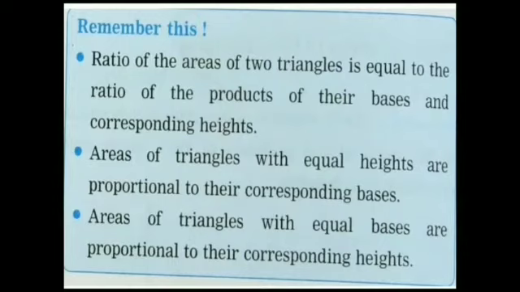So once again, to sum up all the three conditions, first one, ratio of the areas of two triangles is equal to the ratio of the products of their bases and corresponding heights.